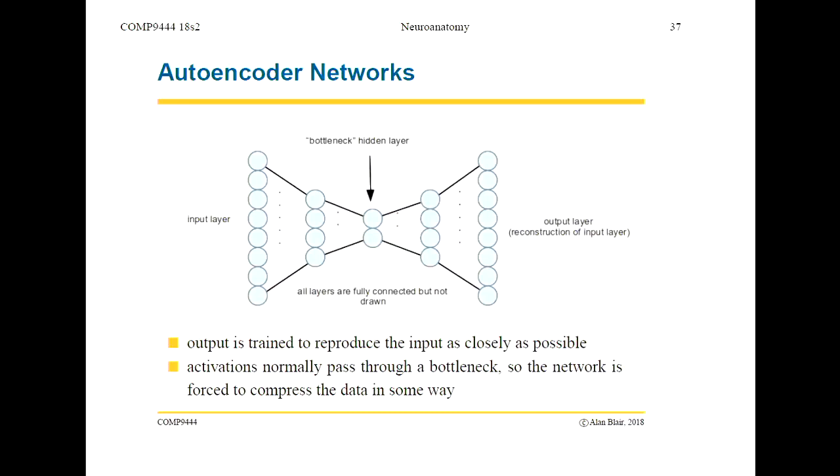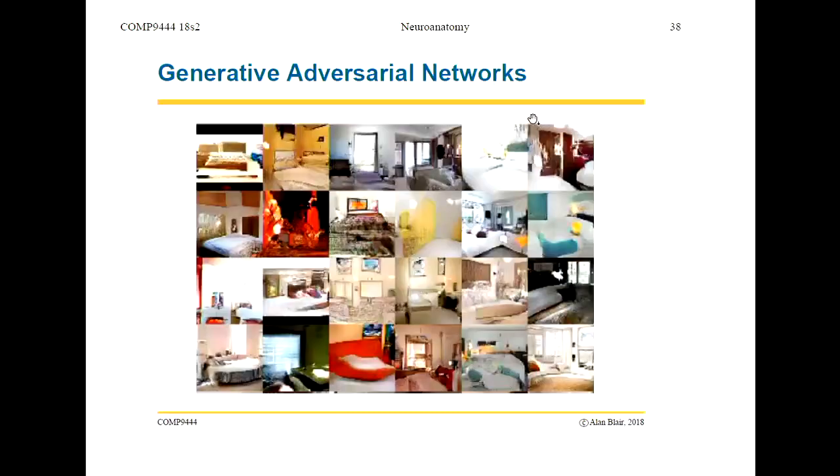This is sometimes done with an autoencoder, or another task might be: let's say you're given a set of real images of bedrooms, and then you're asked to generate synthetic images of bedrooms.